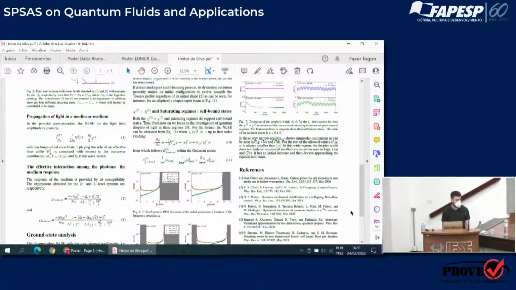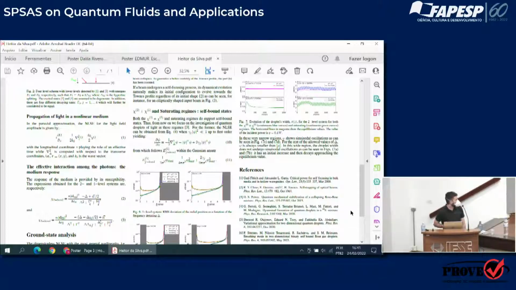If you have a Kerr nonlinearity, this becomes very similar to the Gross-Pitaevskii equation. So the motivation of this study is to investigate nonlinear phenomena already observed in BECs, but now using these quantum fluids of light.